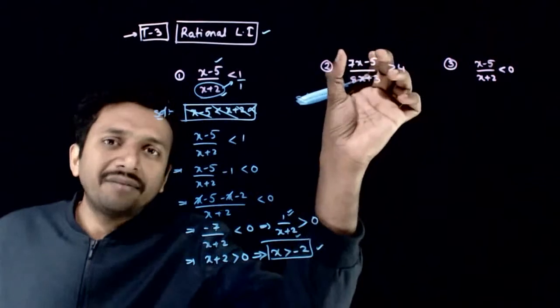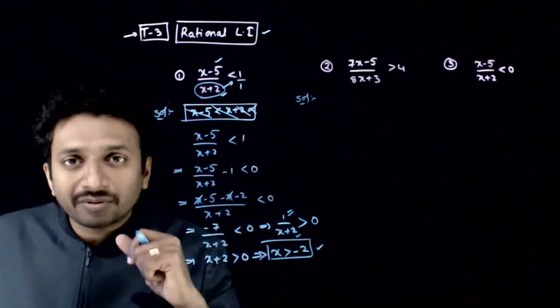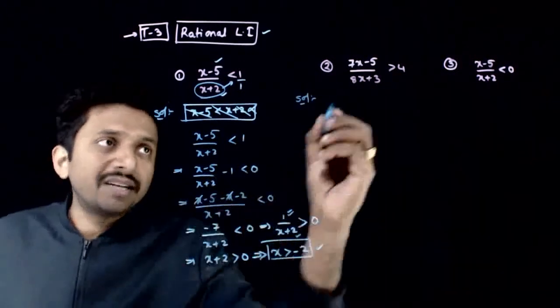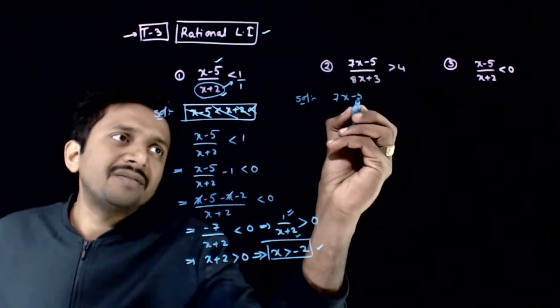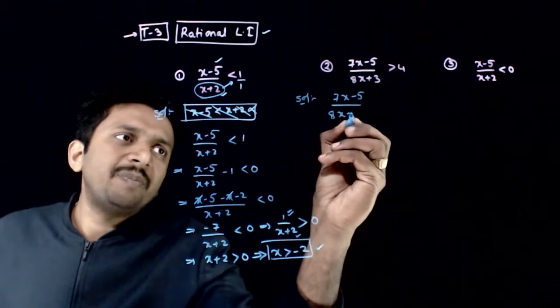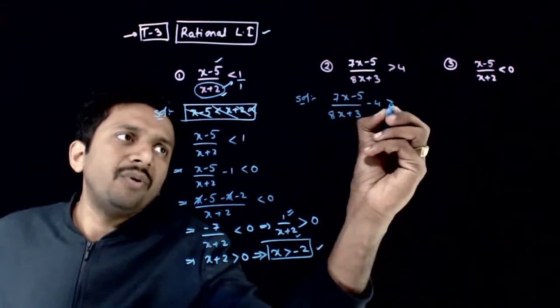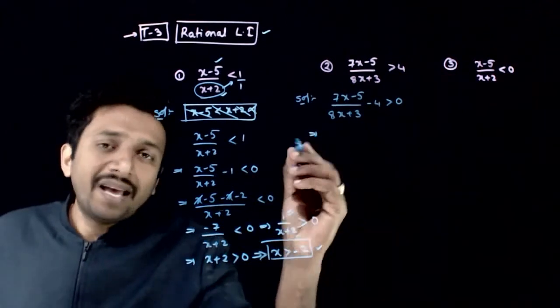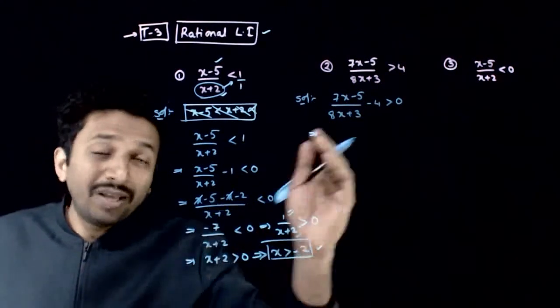So here also you have a fraction greater than 4. Instead of cross multiplying, I take this 4 onto this side. So 7x minus 5 by 8x plus 3 minus 4 is greater than 0. Now I'll do the LCM.